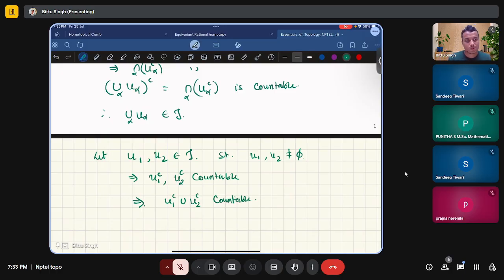Just rearrange the same thing. For example, u1 complement is countable, so you can write it as x1, x2, x3, and so on. Similarly, u2 complement is countable, so you can write it as a sequence y1, y2, and so on.